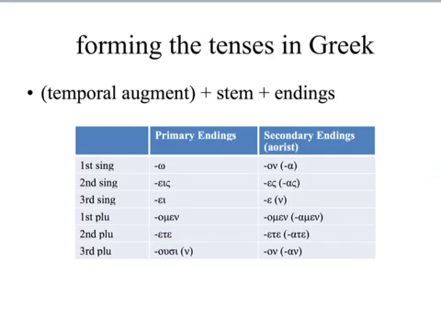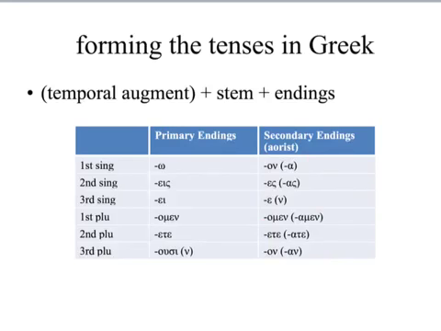Unit 2 of Hansen and Quinn is going to teach you 4 of these tenses: the present, the future, the imperfect, and the aorist. The present and future will use the primary endings because, of course, those are primary tenses. The imperfect and the aorist are both secondary tenses. In this chart, I've given you first the imperfect endings, on, s, e, omen, ete, on, and then in parentheses afterwards, these ones with the alpha are the first aorist endings.